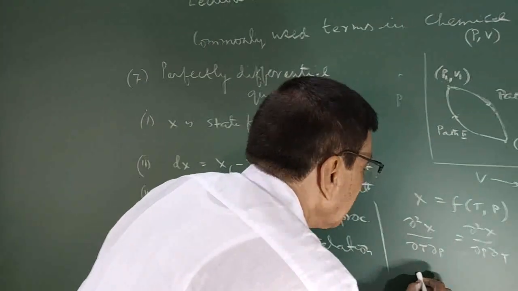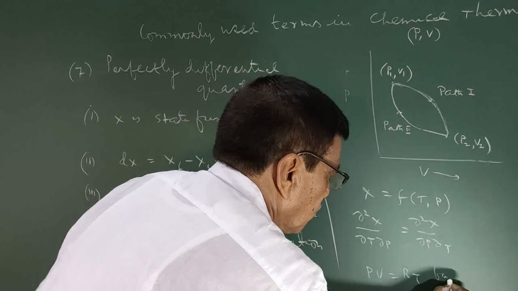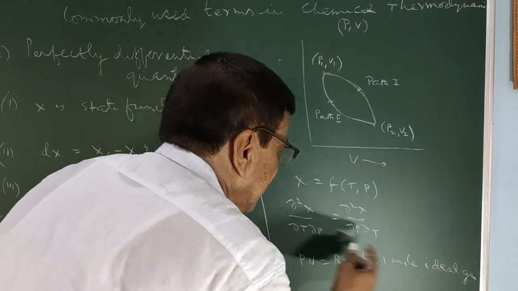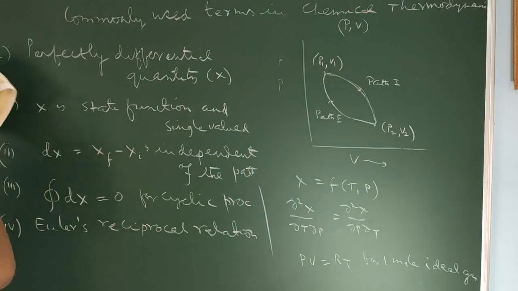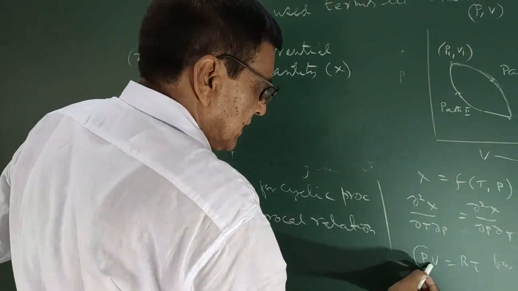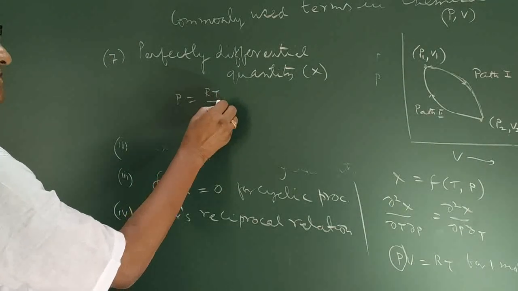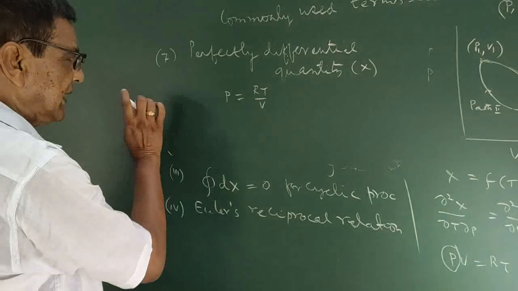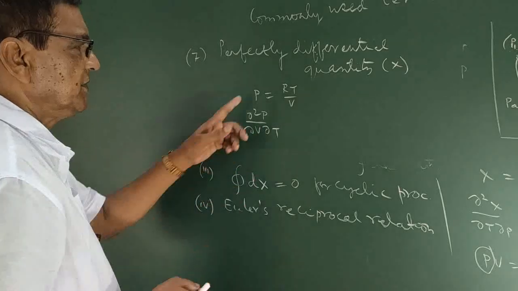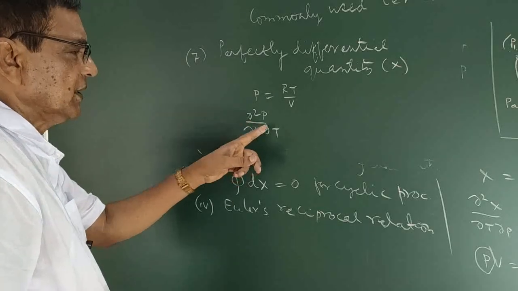Suppose for 1 mole of ideal gas, PV equals RT. If we like to verify whether P is perfectly differential or not, then P equals RT by V. Then we calculate del 2P divided by del V del T. First differentiate with respect to T, keeping V constant, and then differentiate with respect to V, keeping T constant.